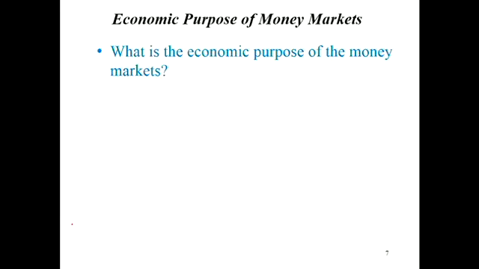So if you're a company and you're profitable, but temporarily you're short of cash because you have to make some payments, then the place that you would probably go to is some sort of money market. Similarly, if you have excess cash on your books that you don't need right now, but you know you'll need it very soon, and you just want to invest that for a short period of time, then you would probably invest it in the money markets.